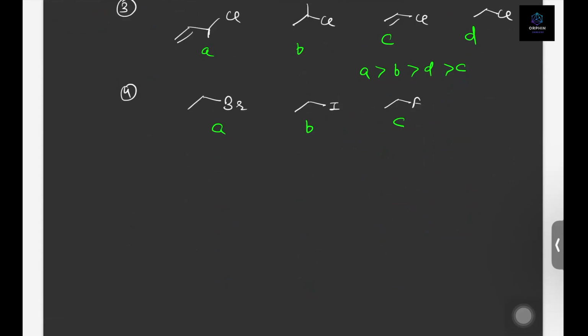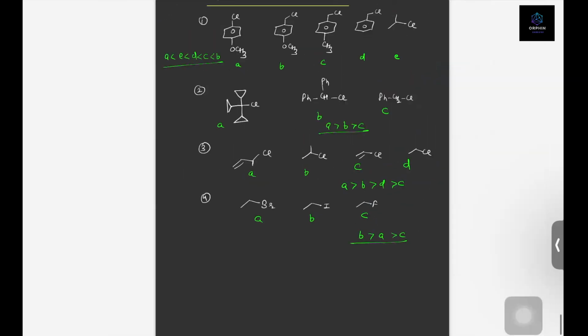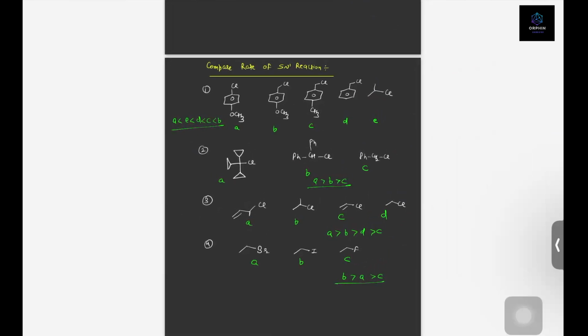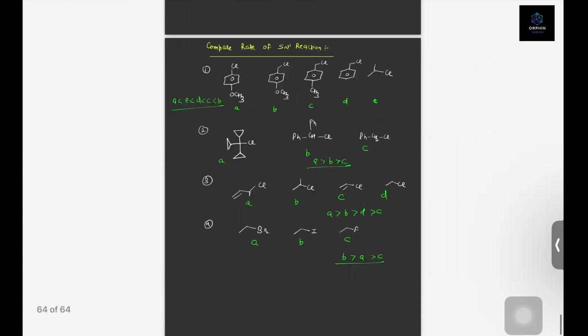So, the higher the mass, the easier it will leave. So C is the least, between A. So those will be the orders for SN1. Now let us do the same thing for SN2.